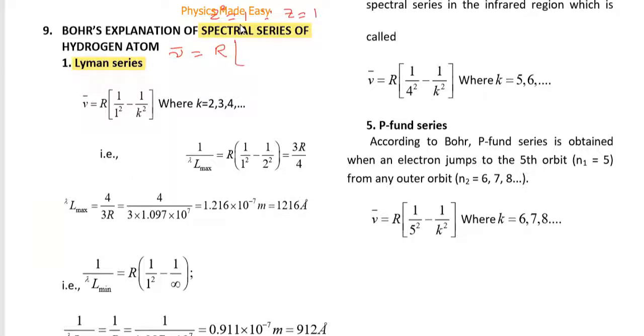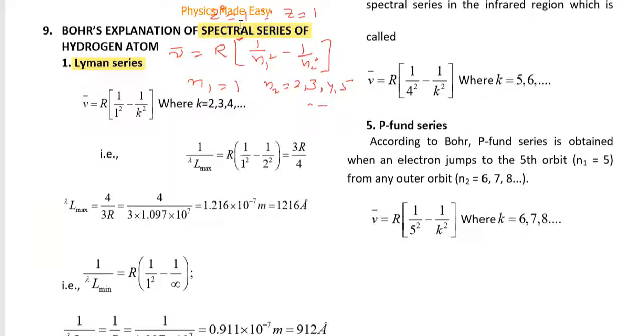So this will be the formula. This is 1 over N1 square minus 1 over N2 square. Lyman series is formed when N1, the lower level, is equal to 1 and N2 can have any value from 2, 3, 4, 5, proceeding like this.